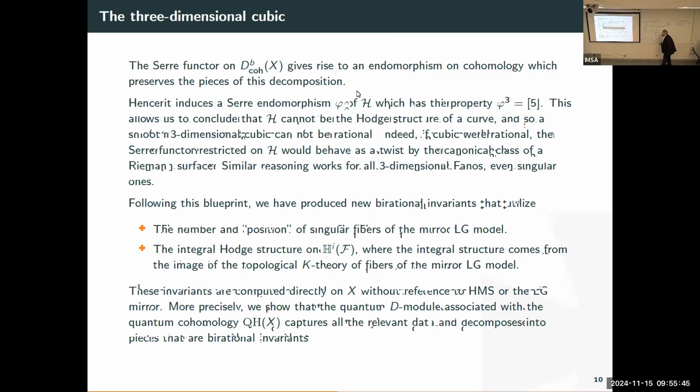And then, as I said, the base, the whole thing should be considered together, although for our purposes, for now, we are only interested in the generic point. And so we just need to get the canonicity of this splitting in order to get that this is a birational invariant.